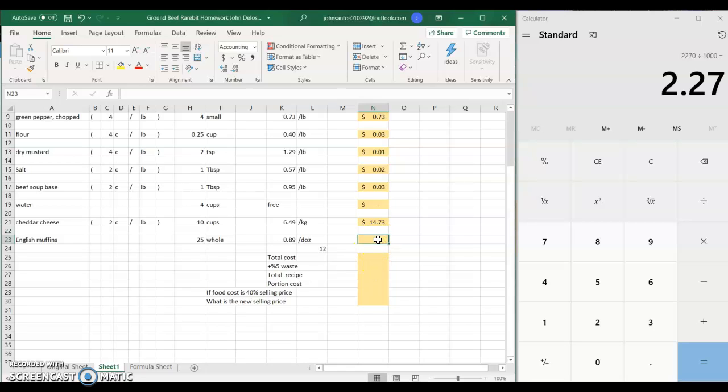Next is the English muffins. So for the English muffin, what we need is 25 pieces of whole English muffins. And it's safe to assume that in a dozen there are 12 whole English muffins. So to make it simple, make your formula. You go with 25 whole. Again, we have to convert it into dozens.